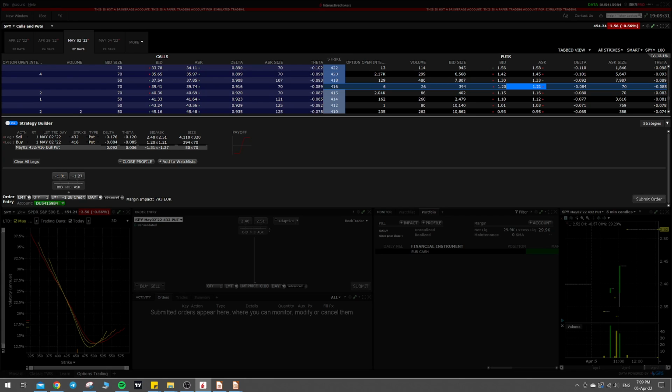But now you can see that the max loss that we are going to have is only 1.5 thousand. We are not going to lose ever more than 1.5 thousand, because of this put here on 416 is going to help us negate that loss which would happen if the price would continue to go against us more and more and more.